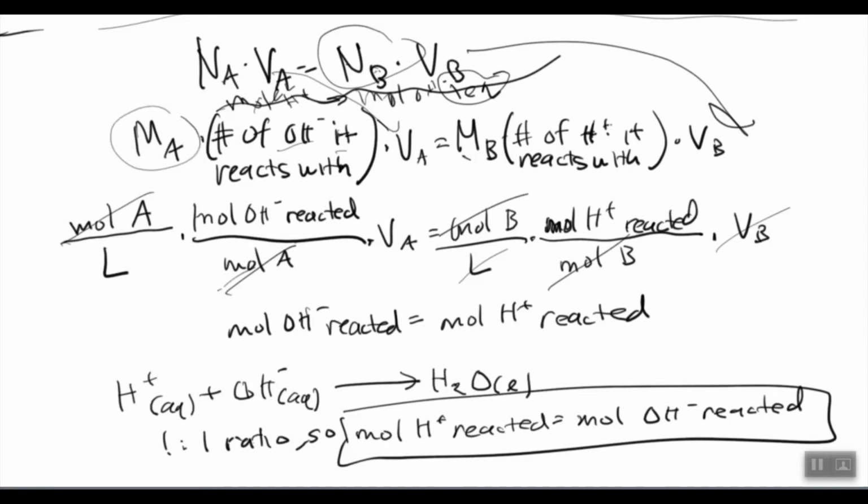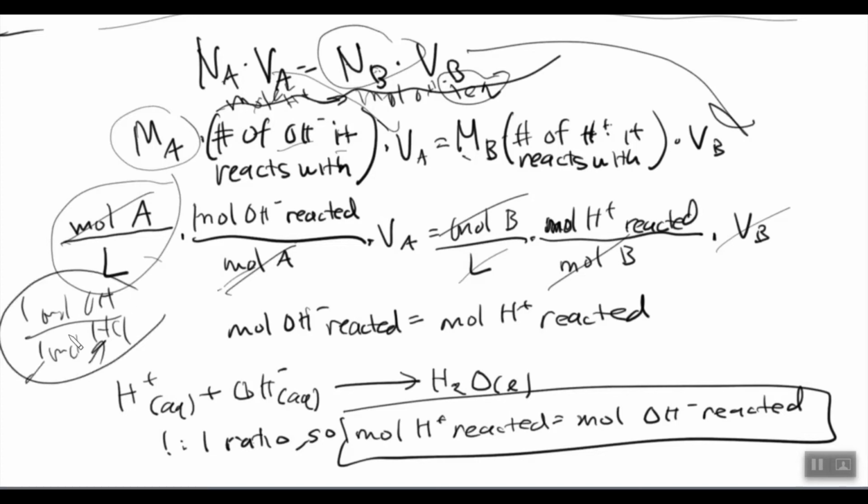The molarity of A is just the moles of A per liter. The number of OH minus it reacts with is the number of moles of OH minus reacted for every mole of acid. If we have 1 mole of HCl, we know it'll react with exactly 1 mole of OH minus since it has 1 H plus in it. That's where the logic comes from, and we're multiplying by VA.